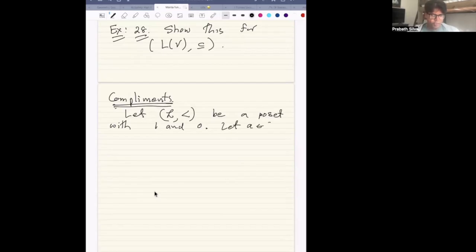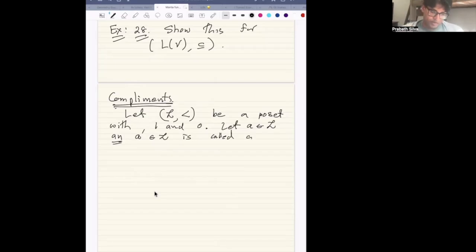Let A be an element in L. An element A prime is called a complement of A in L if A intersection A prime is 0, and A union A prime is equal to 1. Okay.